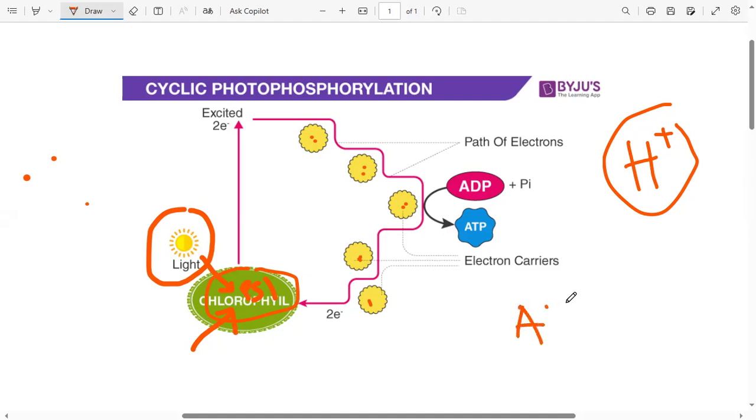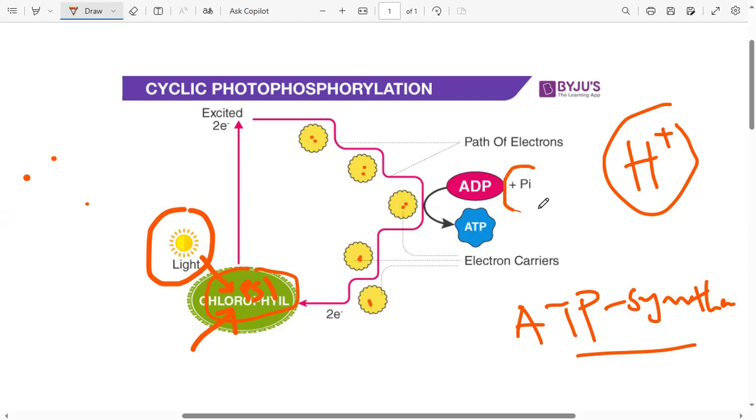So what does this ATP synthase do? It allows the ADP that we have here, this ADP you've seen, to turn into ATP. How?